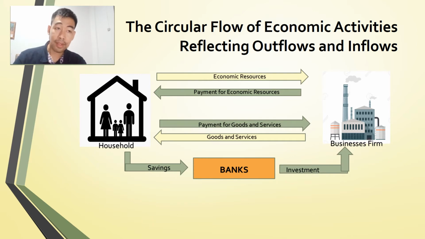However, if the household saves the money through the bank, then the bank will allow the business firm to borrow money for investment, then the circular flow is just okay. Please take note that a bank is also a business firm. We just separate it for discussion purposes.